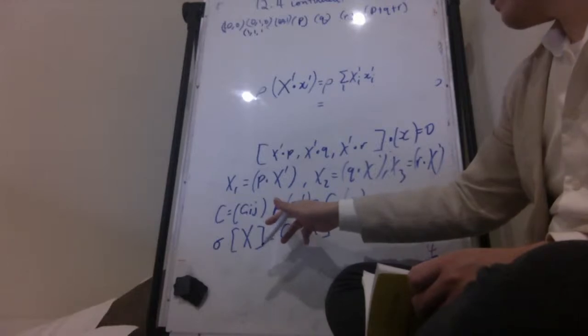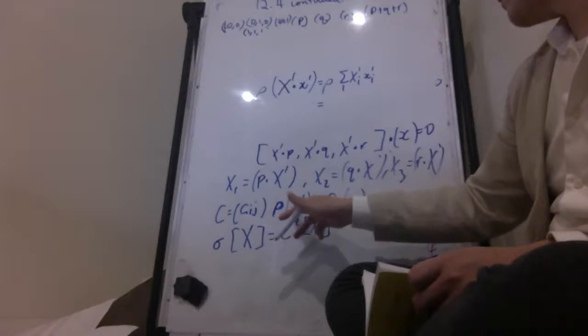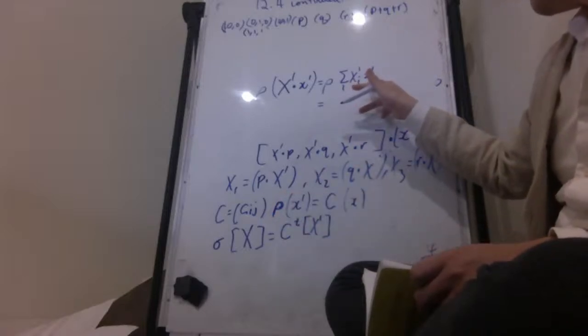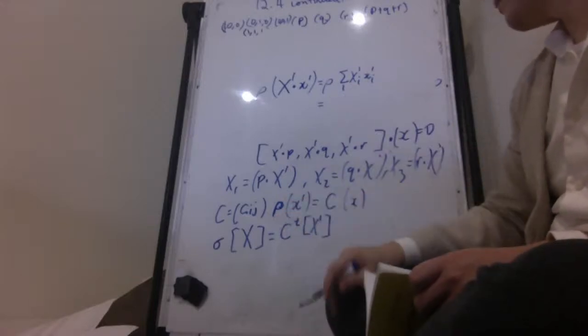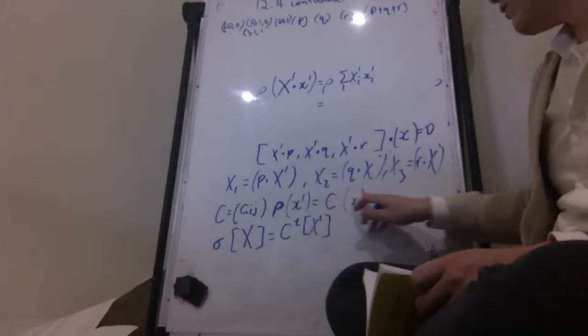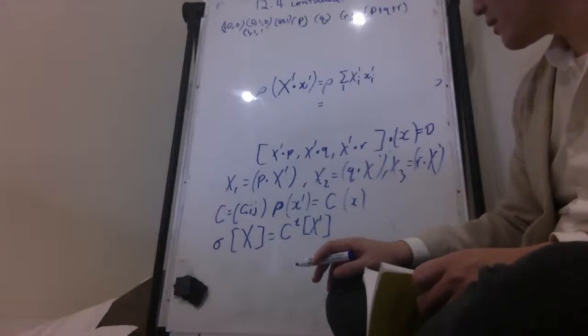So if you have the rho x prime I, okay, that's what you have, then the sum of those things, okay, so each one of those is a row of this matrix, okay?